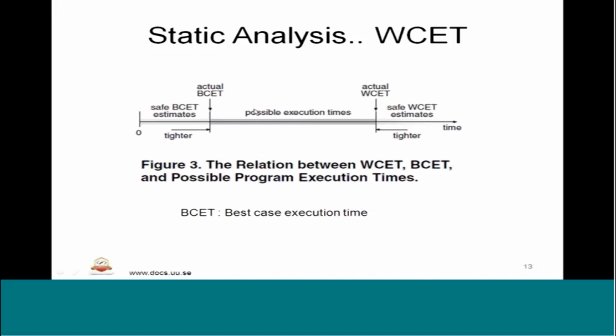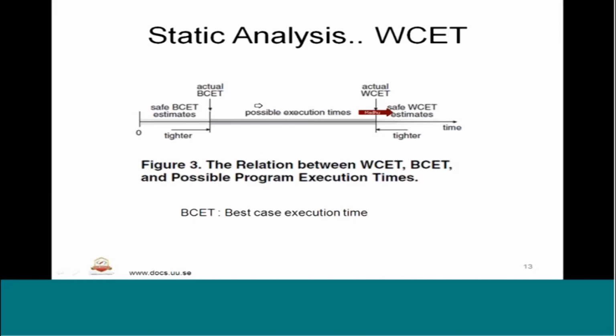In between, in the middle, you can see that there is a possible execution time, and beyond that there is a safe zone called best case execution estimates, best case execution analysis. So across the horizontal line, you can see the time, and the program can take from best to worst.